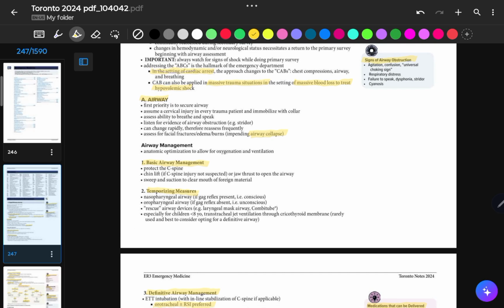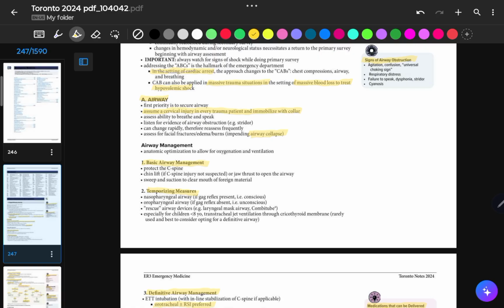So airway, what are we looking at? So the first priority is to secure the airway, and then you make sure that you always assume there's a cervical injury in the airway trauma patient, and you need to immobilize it with a collar. Then you need to assess, is the patient breathing? Can the patient speak? If no, they're obviously having an airway obstruction.